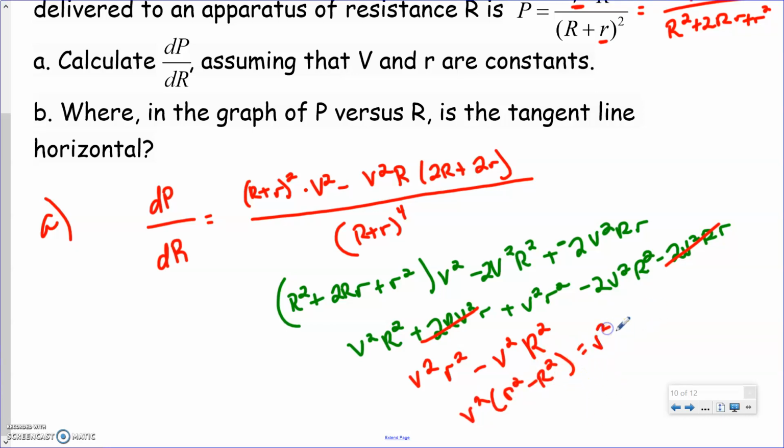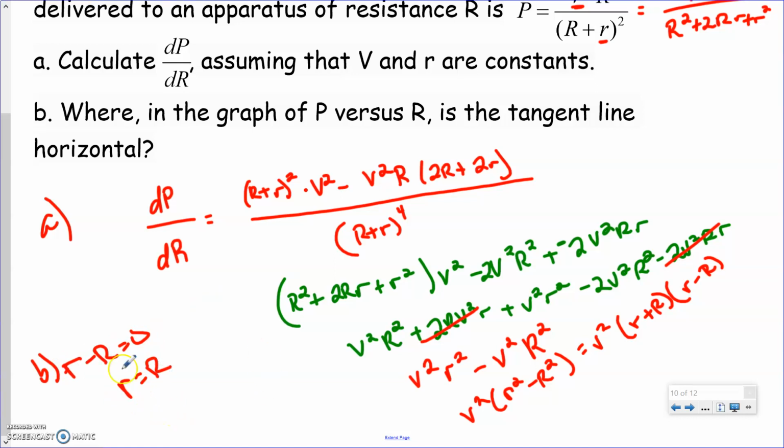And that's V squared times little r plus big R times little r minus big R. So this will end up being 0 when r equals R. So if r minus R equals 0, it's going to happen when they're equal to each other.